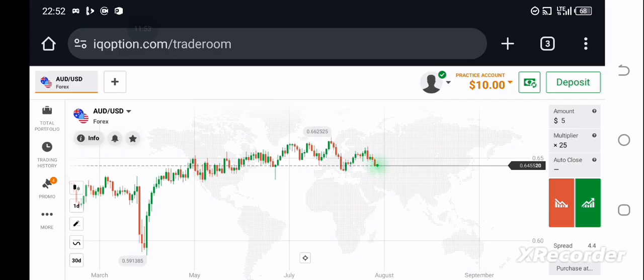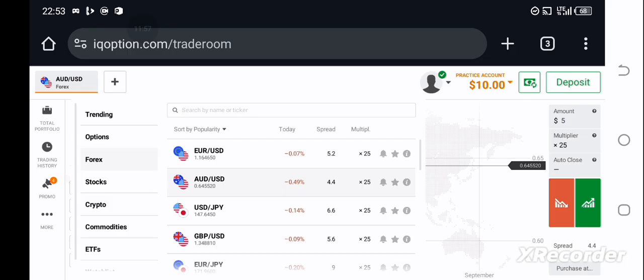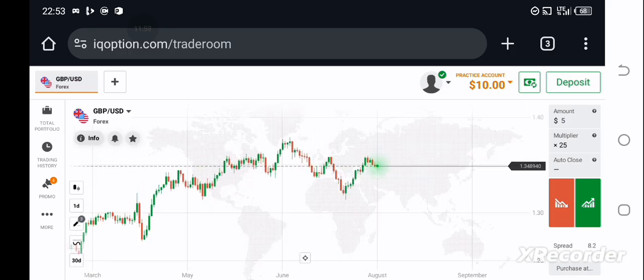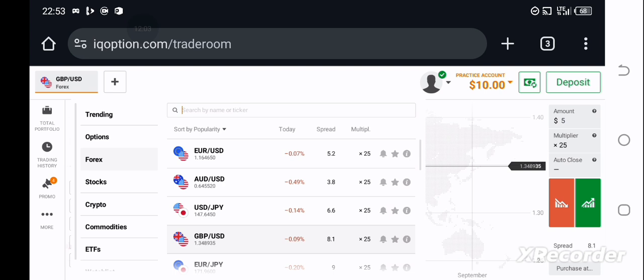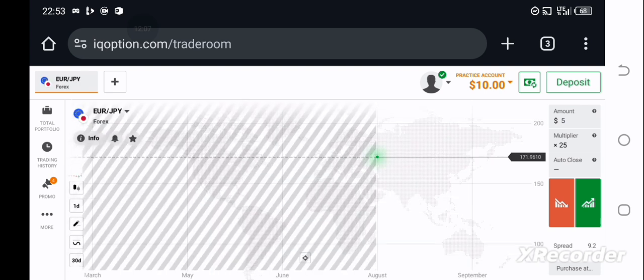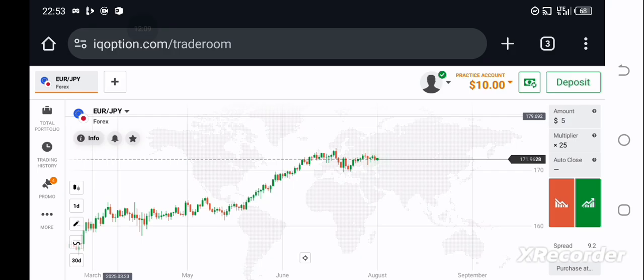Okay, I may use this particular chart, but let me look at other options again. Let's see, there is something I want to explain.